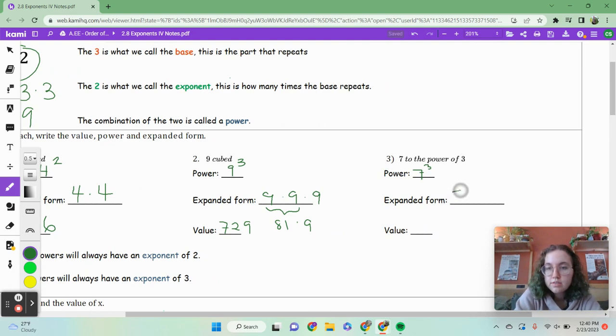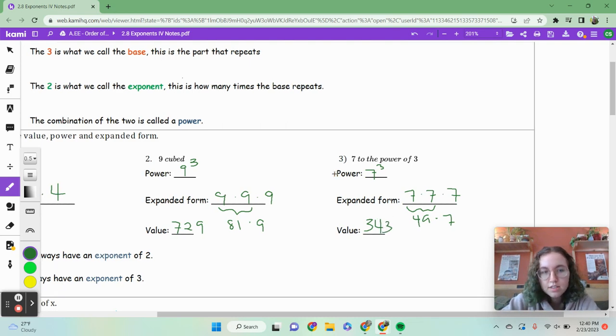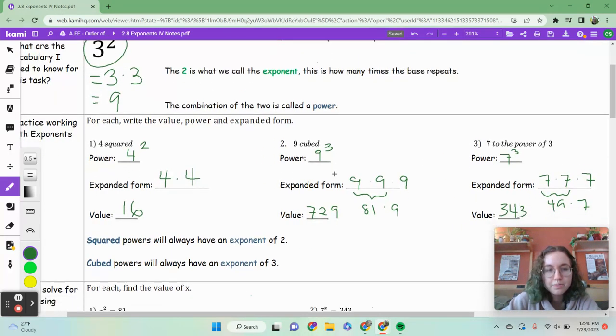So this is 7 times 7 times 7, which 7 times 7 is 49. I'm going to have 49. This always happens. 49 times 7. That gives me 343. Please feel free to use your calculators on this. They are a fantastic tool.